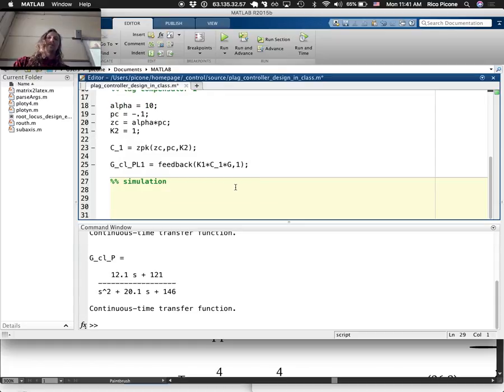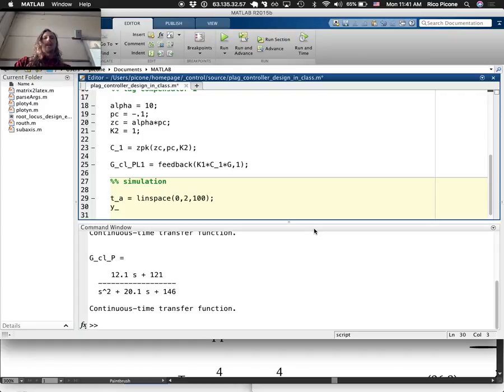Let's do TA equals the time array. Let's do linspace from 0 to 2 seconds, and we'll do like 200 points or 100 points, faster. And then let's just do step responses now.